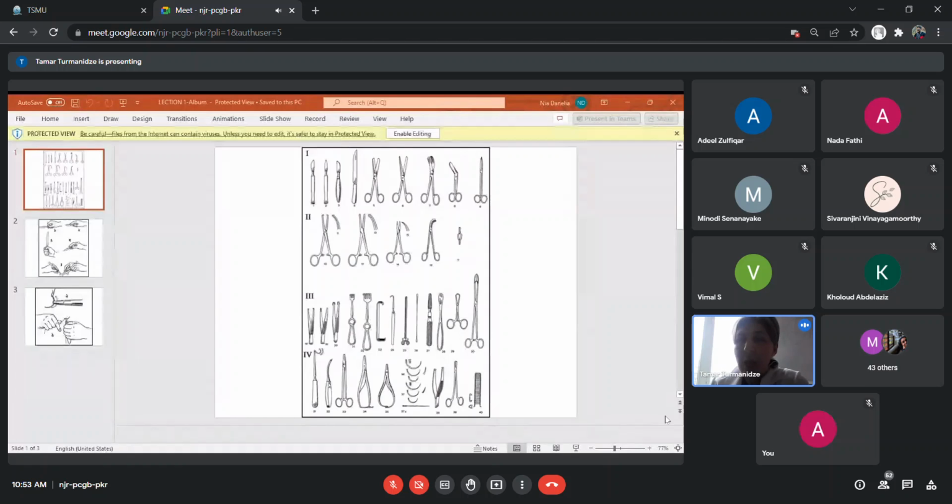For these different types of accesses, we have direct access and we have indirect access. Direct access means when the incision is performed on the projection line of the organ, which we study during explaining of the clinical anatomy of the region. So direct access means when the incision is performed on the projection line of the organ on the skin, and indirect access means when the incision is performed on the side.